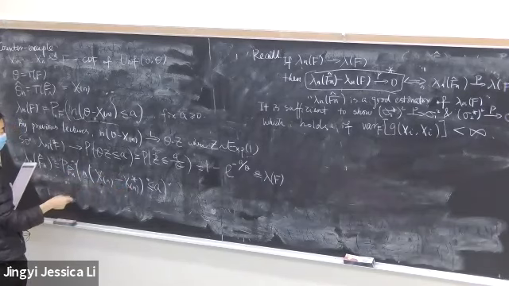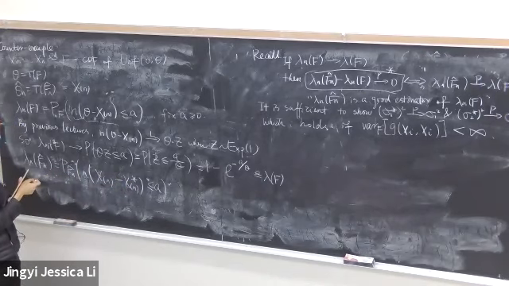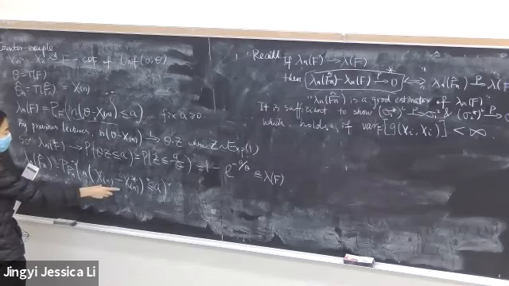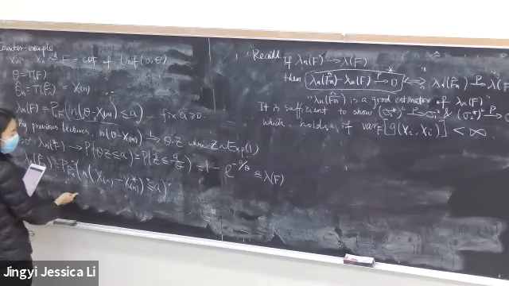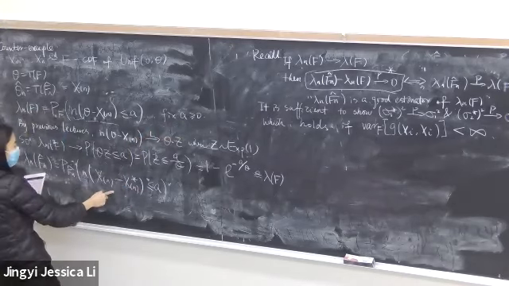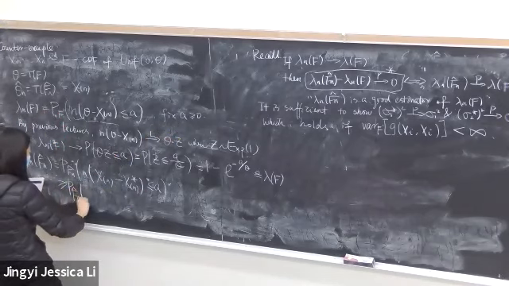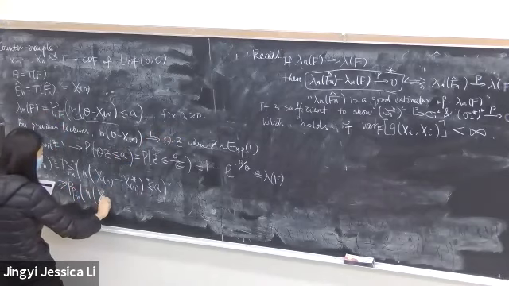Let's try to do the calculation and see the probability that these two things are equal. And also we know that when this is equal to 0, it is contained in this event, less than or equal to a, non-negative a. So therefore, this probability is greater than or equal to the probability that they are equal.